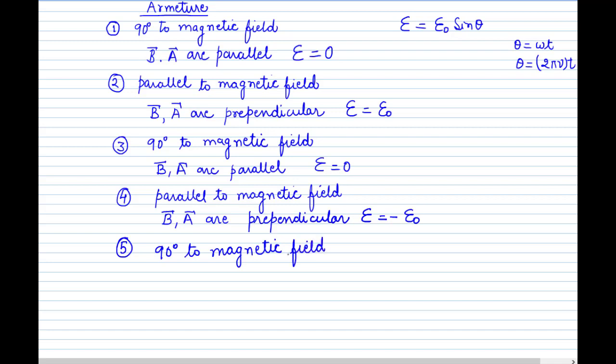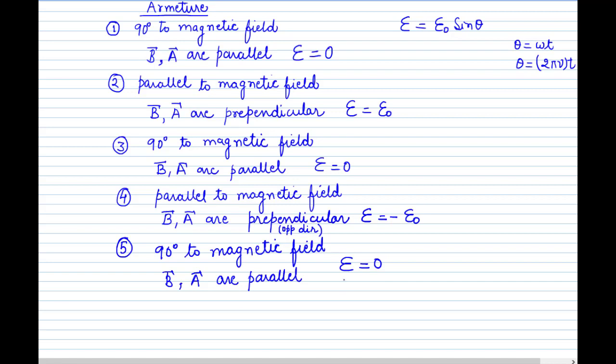And when it is 90 degree to magnetic field, that means our magnetic field and area vector are parallel. These are parallel, then again our electromagnetic induction, your EMF reduces to 0.